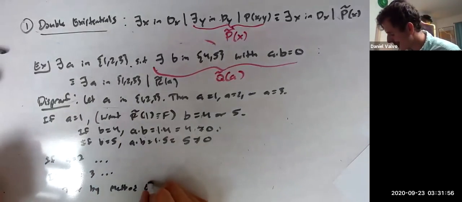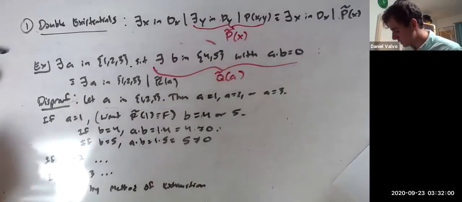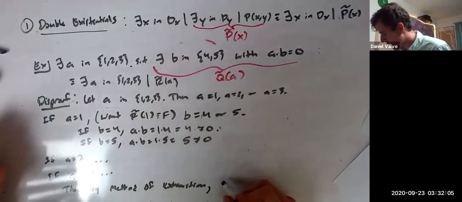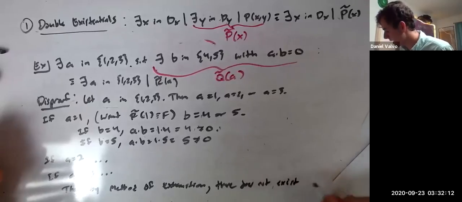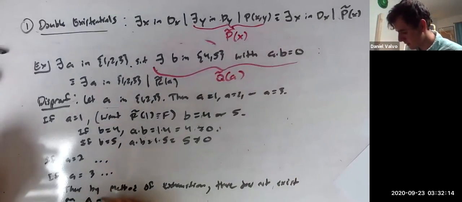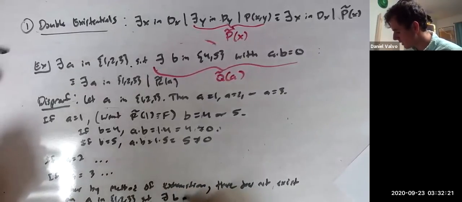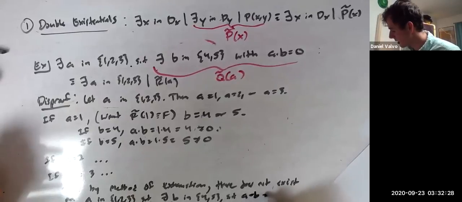Thus, by method of exhaustion, right? There does not exist an A in 1, 2, 3 such that there exists a B in 4, 5 such that A times B equals 0.